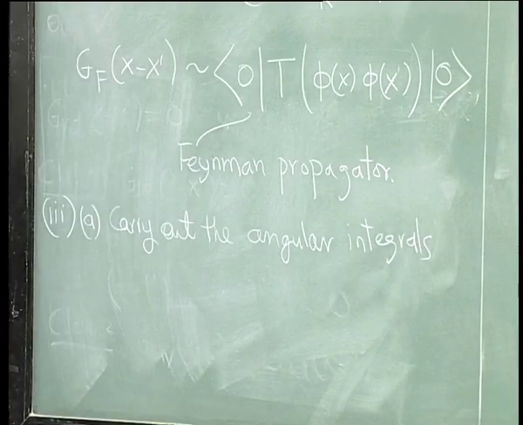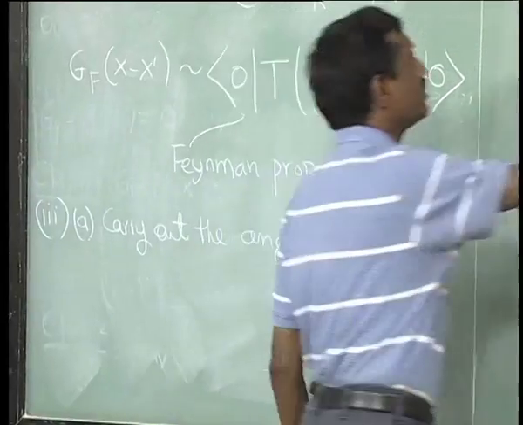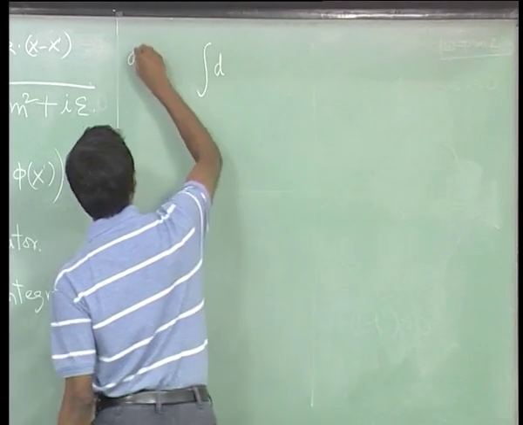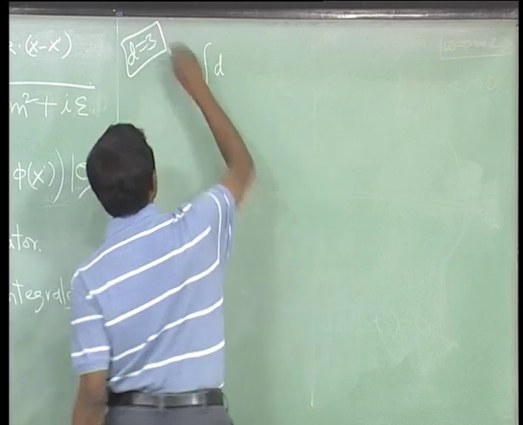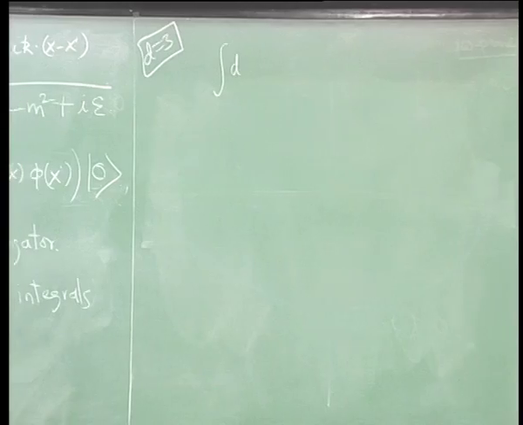Coming back, after we carry out the omega integration, we have an integral which looks something like this. Let us put d equal to 3 because I can be very explicit with regard to the angles. You can generalize to any dimension.